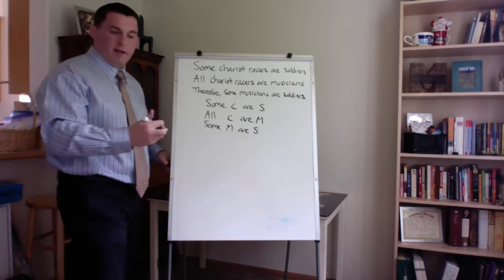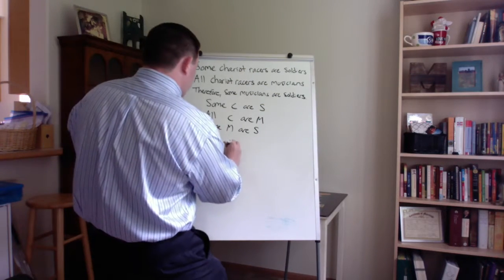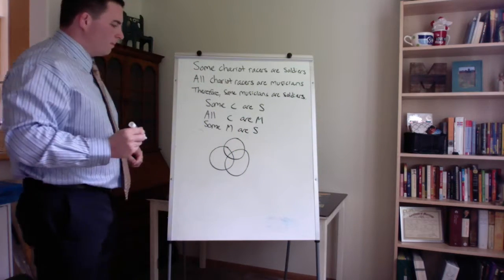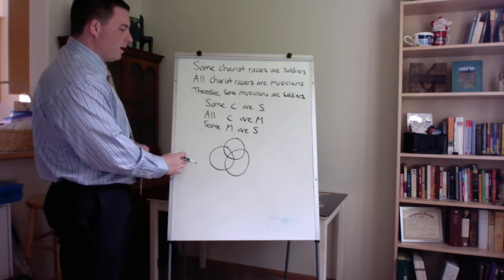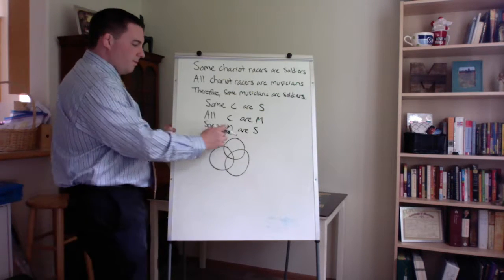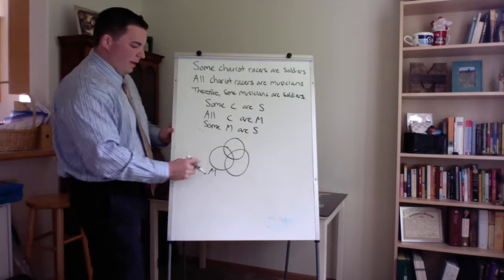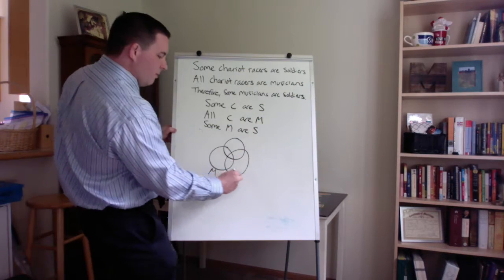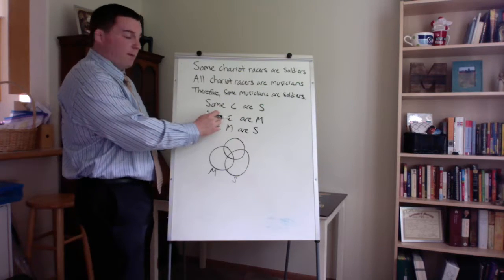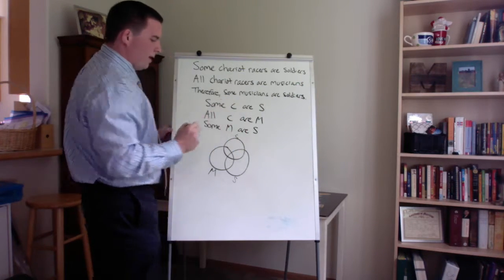Okay, so let's put up our Venn diagram. Okay, so we got our 3 circles here. So again, let's start with our conclusion. We'll let the minor term, M, go there. Major term, S, go there. Our middle term found in the 2 premises will go right there.